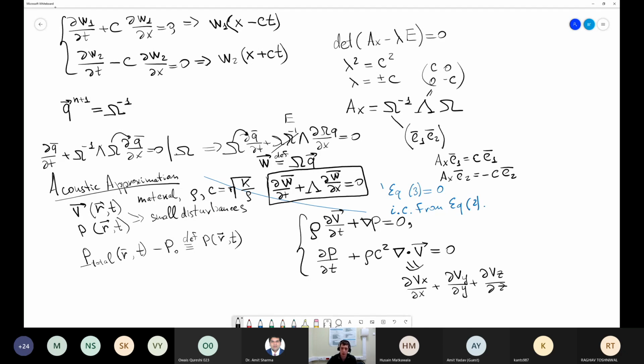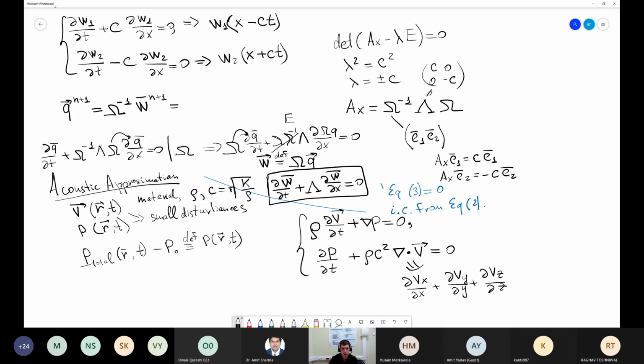This is valid because of this function. We can multiply this by omega minus 1 from the left, and we will obtain the identity matrix. That's why q is equal to omega minus 1 multiplied by w, the w vector at n plus 1.